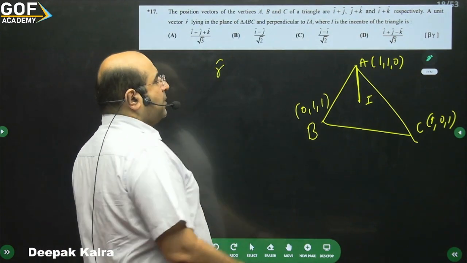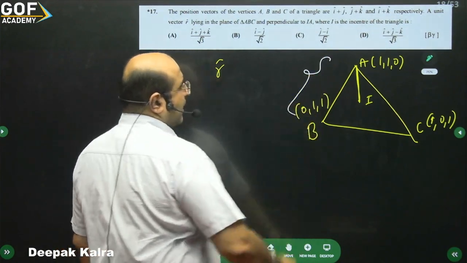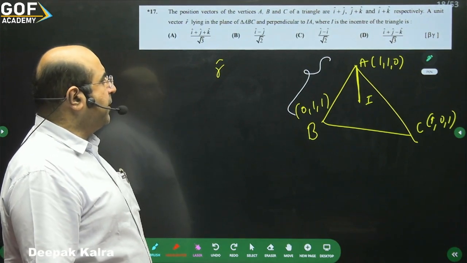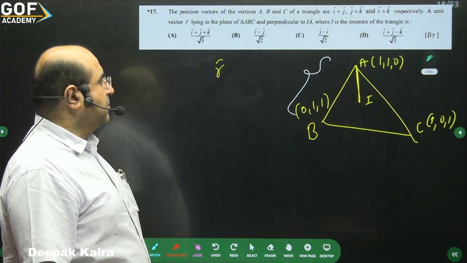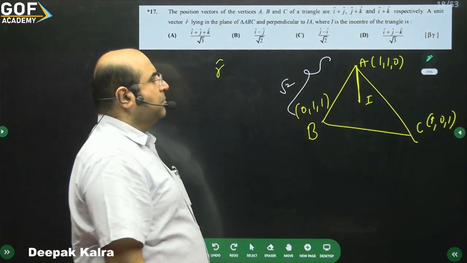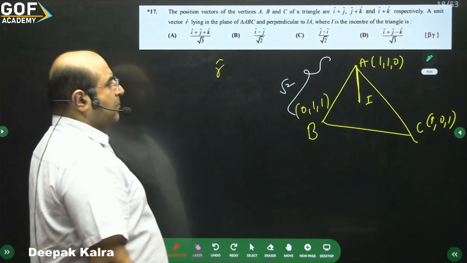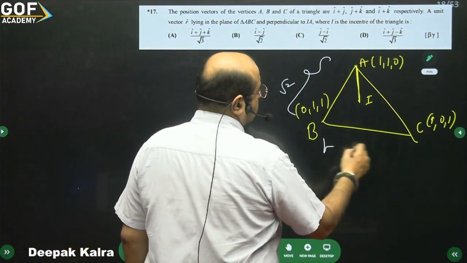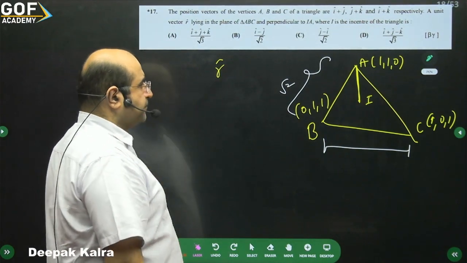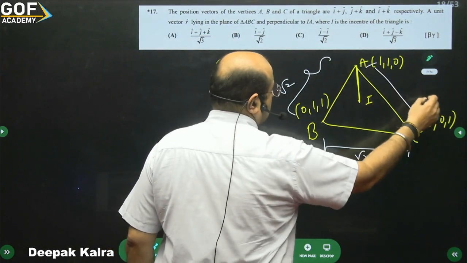You understand? If I say calculate the length AB, what would it be? Root 2? Yes or no? And this also, I think, is root 2.